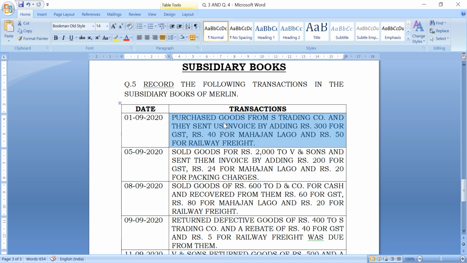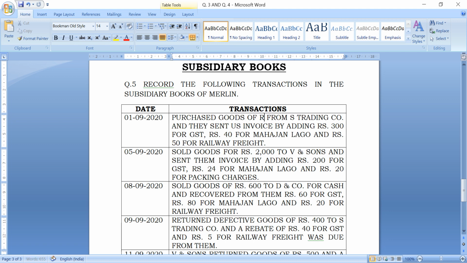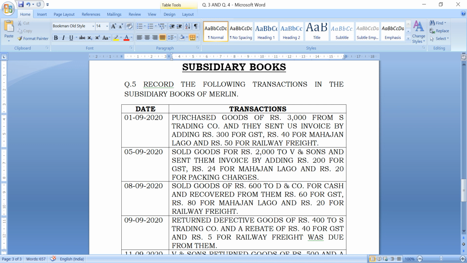One thing is missed out. Purchased goods of rupees 3000. That was missed out. I have added purchased goods of 3000 from S Trading Company.